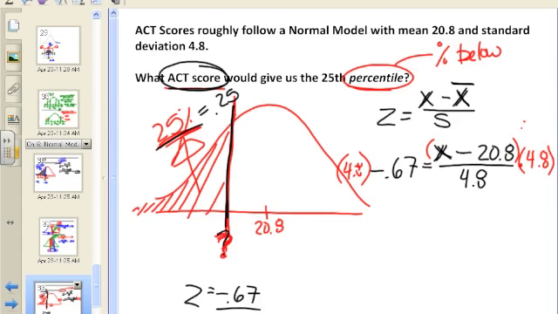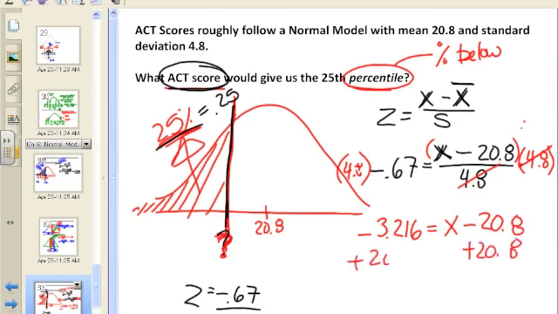So I could go ahead and grab out my calculator to do that. I have 4.8 times negative 0.67. So this gives me negative 3.216 equals, now I had the 4.8 on top, 4.8 on bottom. So all that's left on this side is x minus 20.8. Simply add 20.8 to both sides.